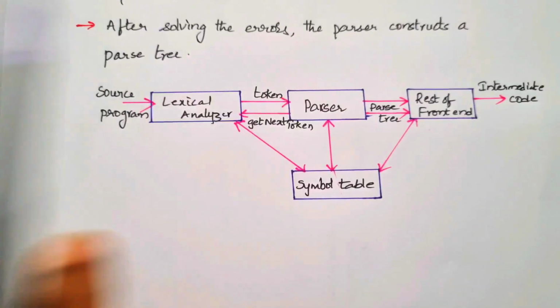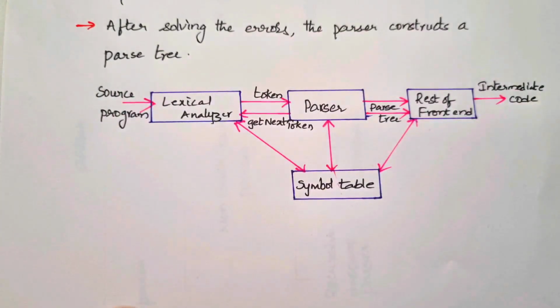Once the syntax is verified and any errors are handled, the parser constructs the parse tree. The parse tree represents the grammatical structure of the source program and is used by the later phases of the compiler.